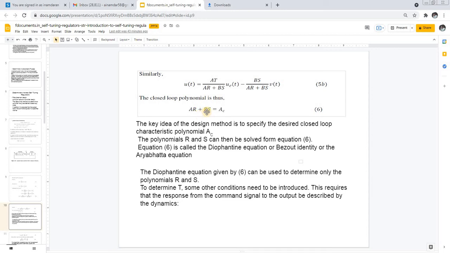Now we notice that in the design procedure we consider the polynomial ac to be a design parameter which is chosen to give desired properties to the closed loop system. This equation plays a very fundamental role in algebra and is called the Diophantine equation. It is also called the Bezout identity or the Aryabhatta equation.